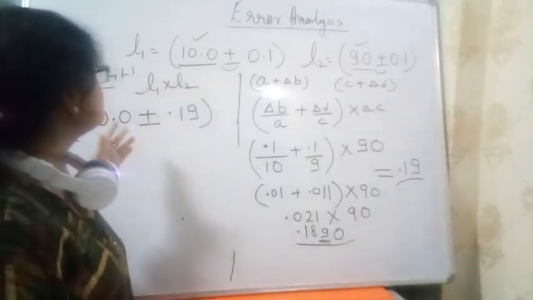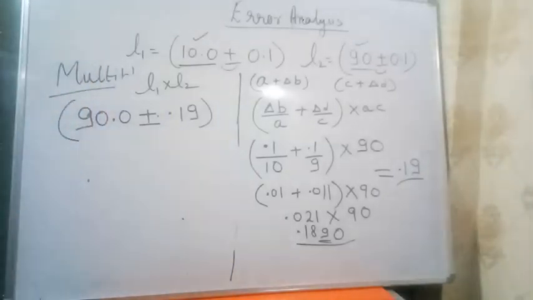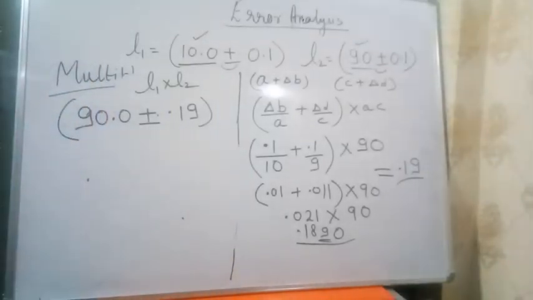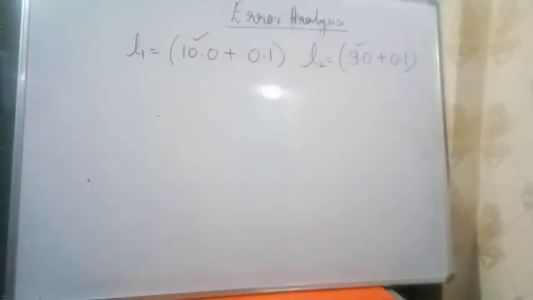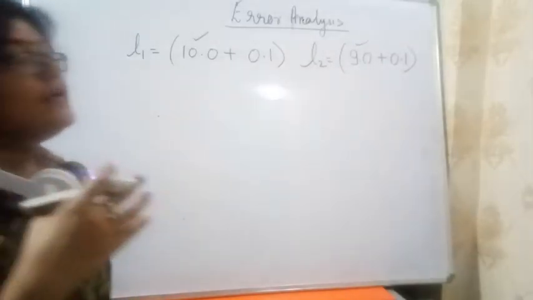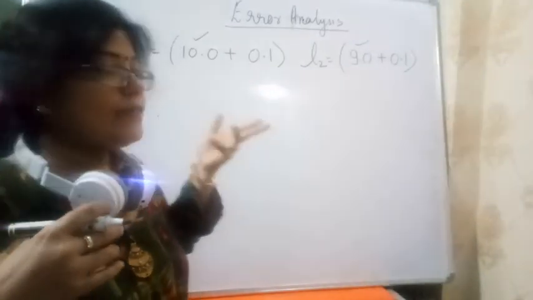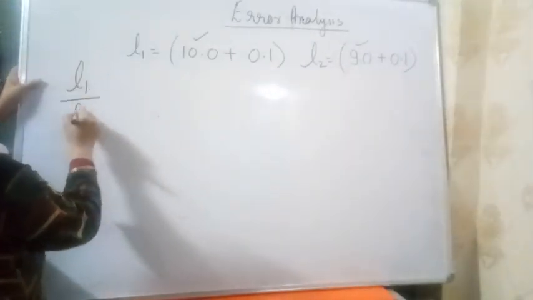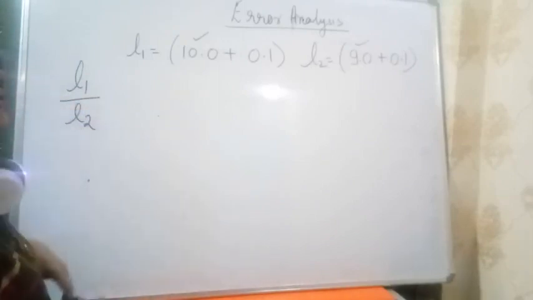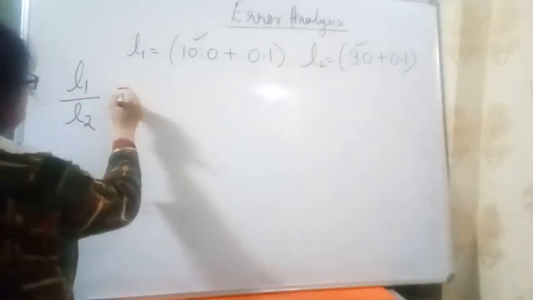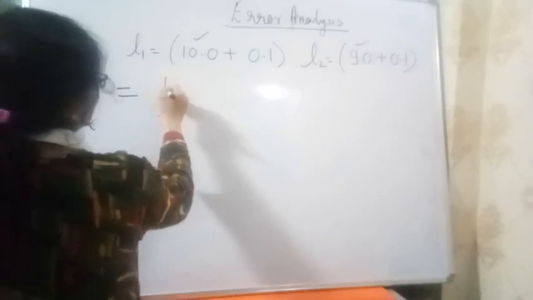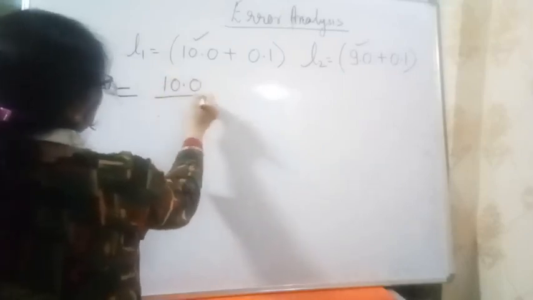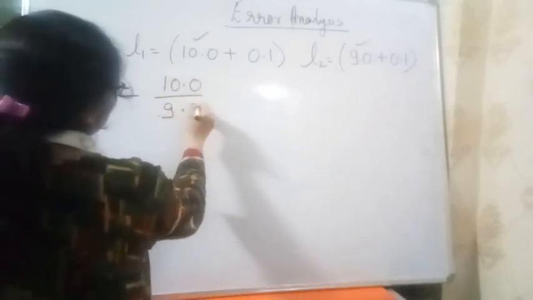Okay, now I am going to take how you will divide the two values. Now we are going to learn how we divide. That means we have to find the value of L1 over L2. Clear? Firstly, find the true values, that means 10.0 over 9.0.